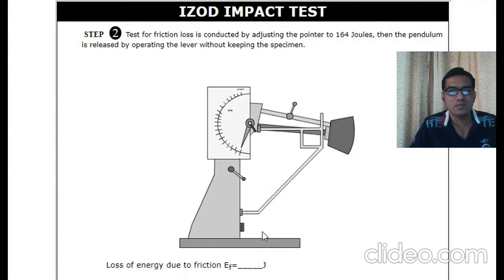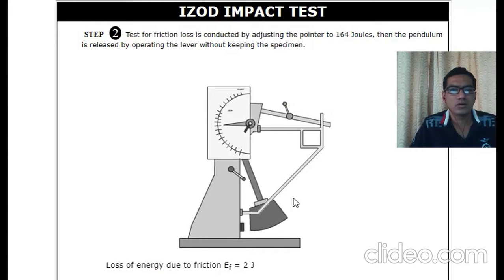In this step we are just performing the test without the specimen. The pendulum is released using this lever, and the loss of energy due to friction is measured. So we operate the lever without keeping the specimen to measure the loss of energy due to friction.